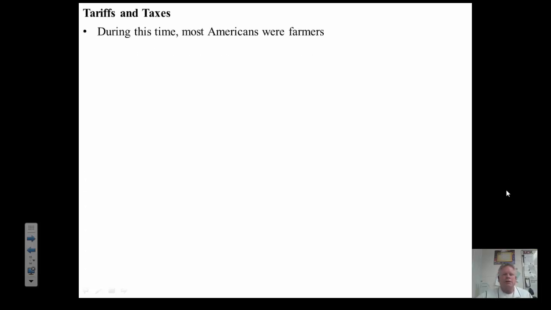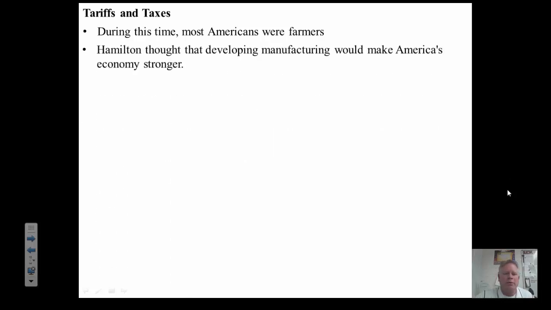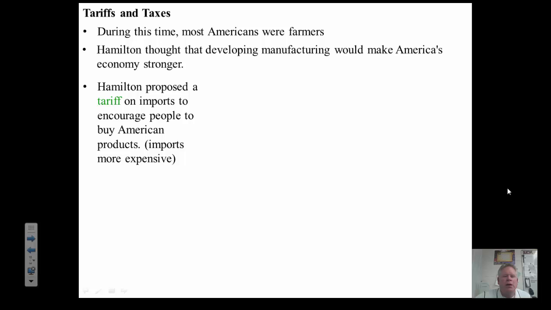Tariffs and taxes. During this time, most Americans were farmers, and Hamilton thought that developing manufacturing would make America's economy stronger. Hamilton proposed a tariff on imports to encourage people to buy American, because imports would be more expensive.